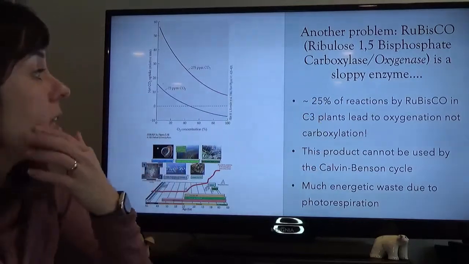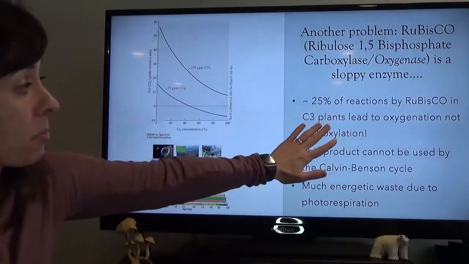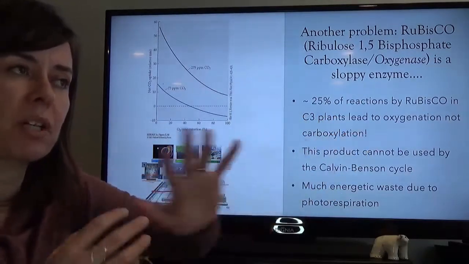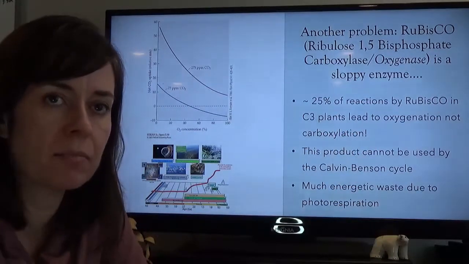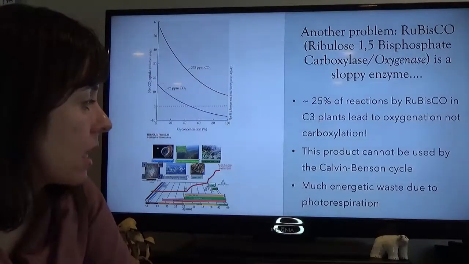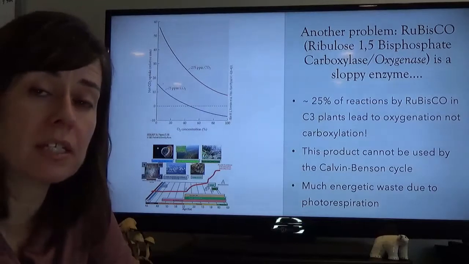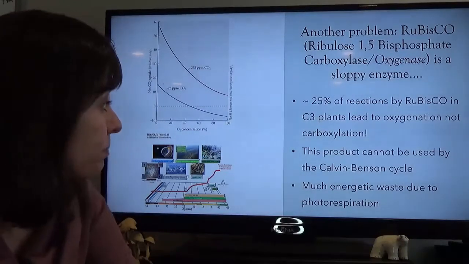About 25% of reactions by Rubisco in C3 plants lead to oxygenation, not carboxylation. But this also leads to a 25 to 40% increase in energetic waste when oxygenation takes place as opposed to carboxylation.